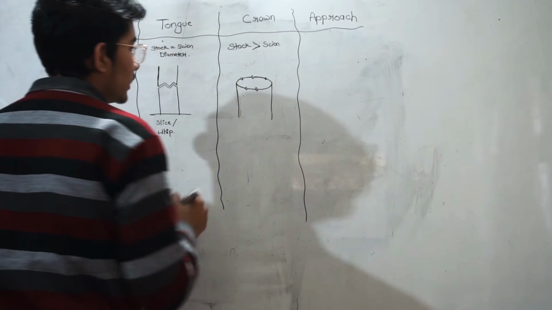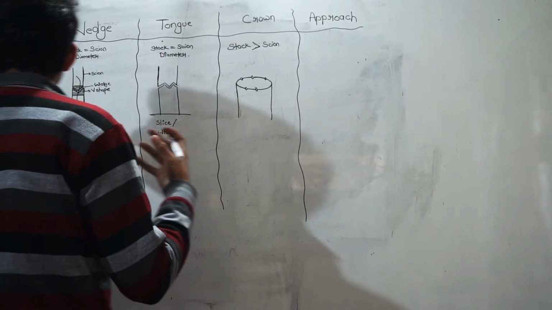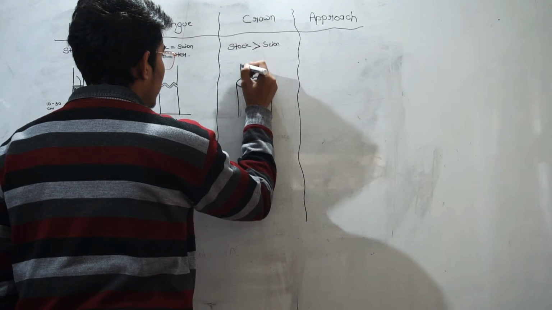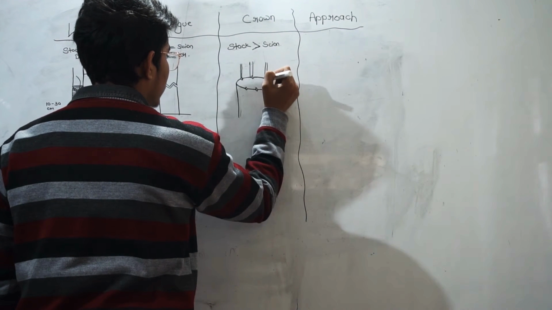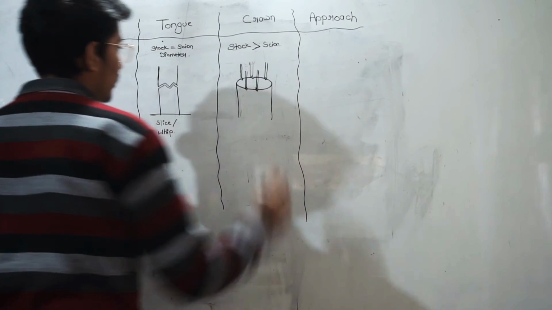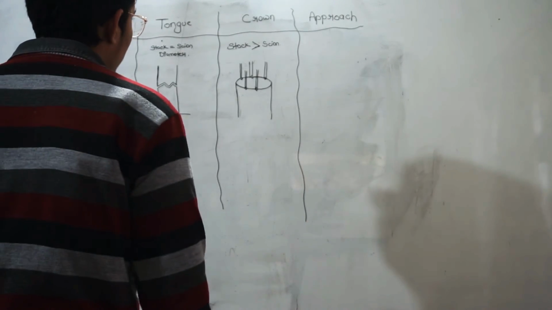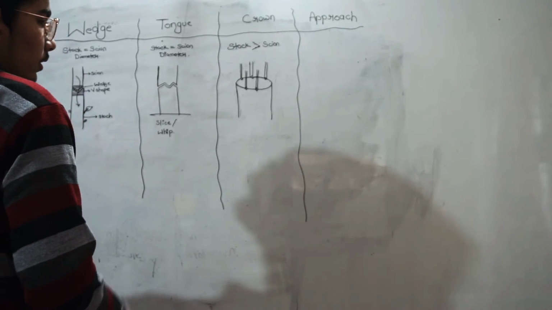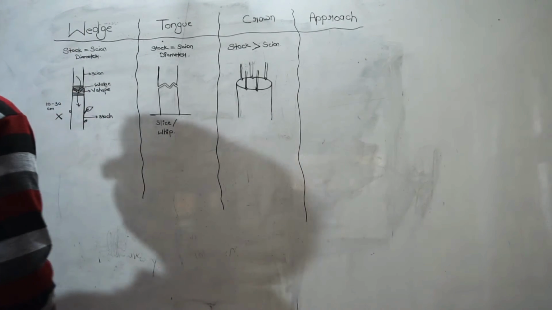After a certain period, this bud will sprout and form a scion part. In the crown type of grafting, the stalk is greater than the scion, and this type of grafting is presented over here.